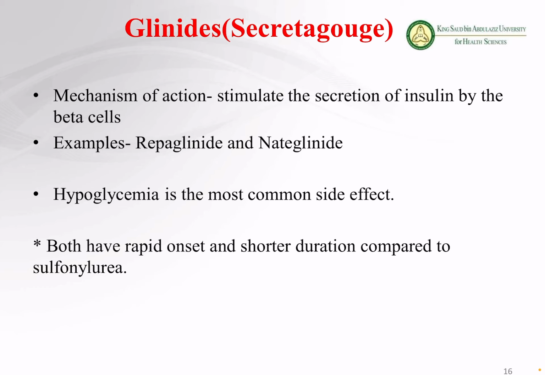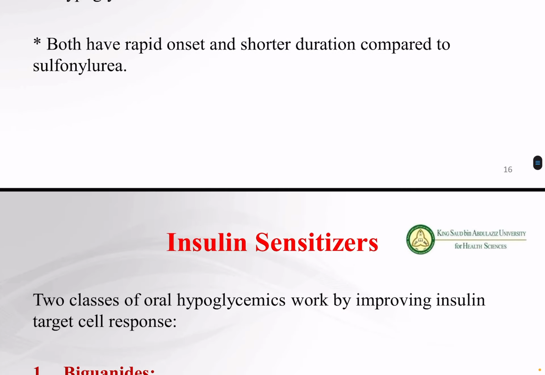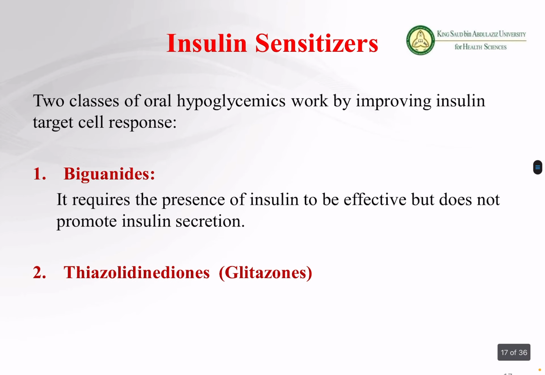The third one we have here is the insulin sensitizers. These drugs are not secretagogue in nature, so the risk of hypoglycemia is very low. We have two classes of oral hypoglycemics that work by improving the insulin target cell response.